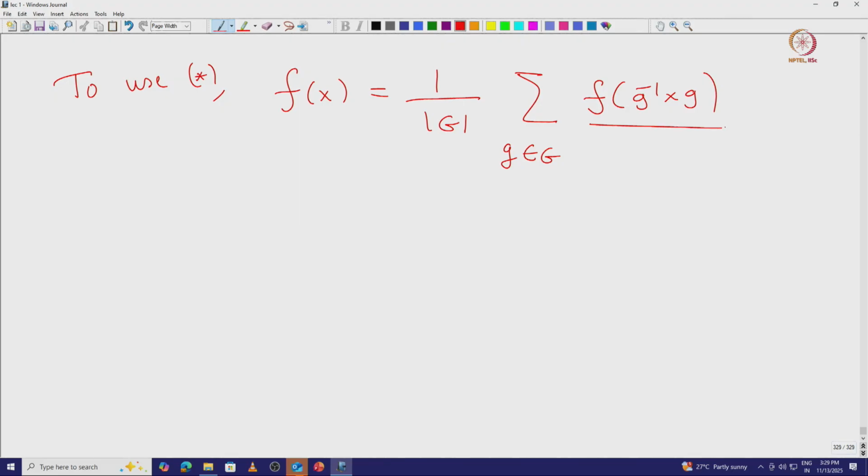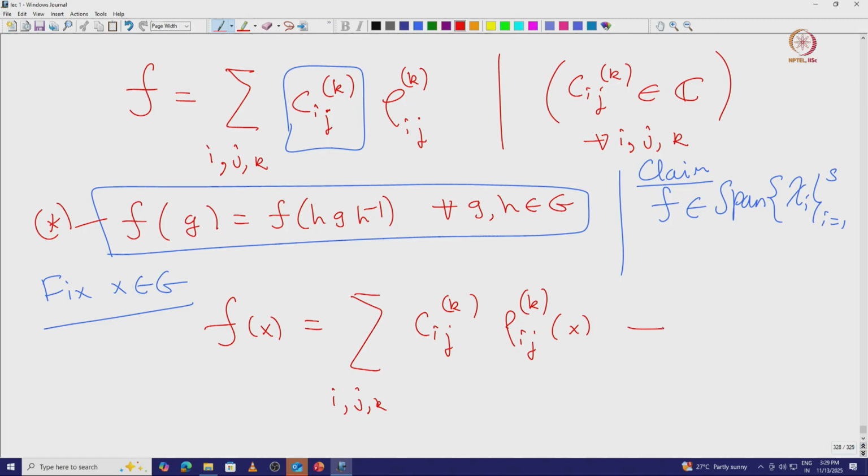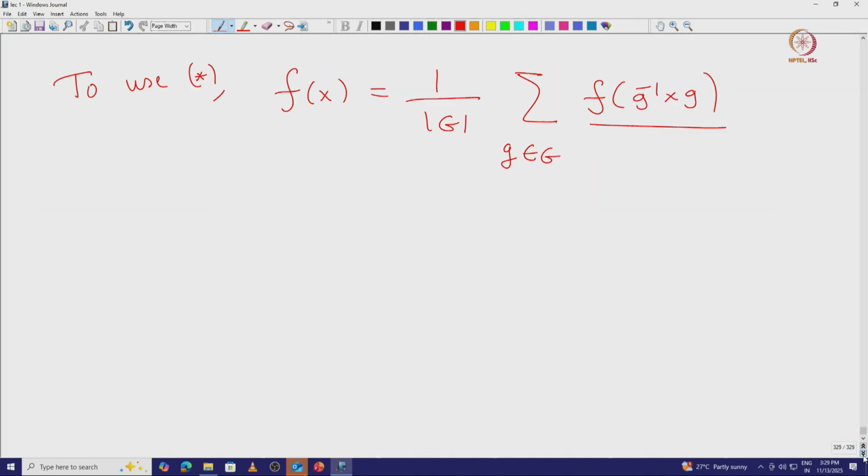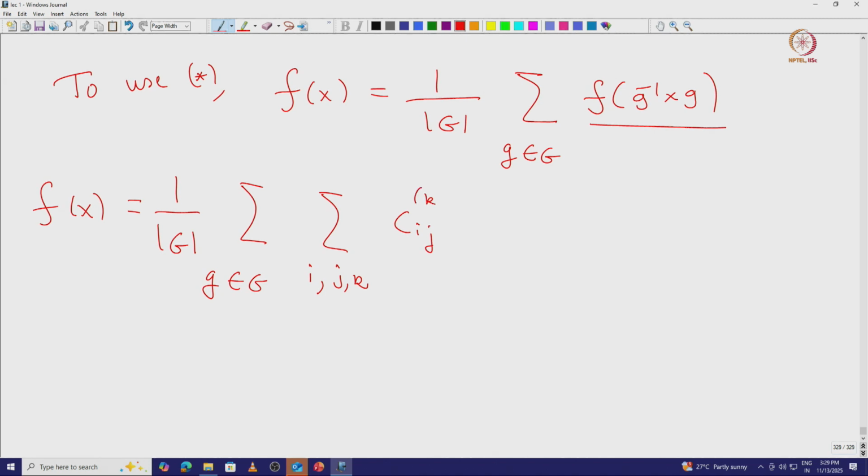Now we replace this using the equation that we had before. If you replace this, then we get f of x equal to 1 divided by the cardinality of G, summation g in G, summation i j k, c i j k rho i j k of g inverse x g.